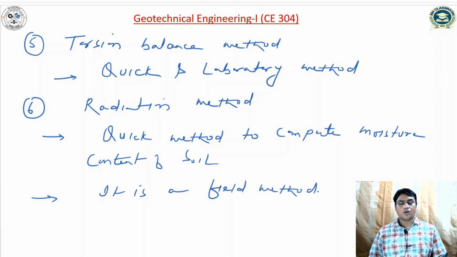So I have discussed 6 methods to compute the moisture content. The first one is the oven drying method, that is a laboratory method and long duration test but accurate method. Second one is the picnometer method. It is a laboratory test and short duration test, but if you know the value of specific gravity of solid, then you can use that method to compute the moisture content.